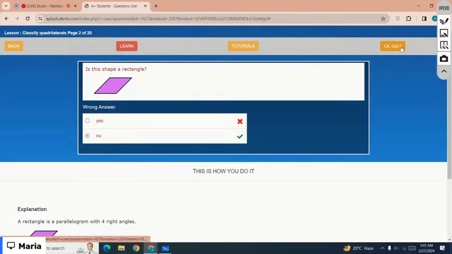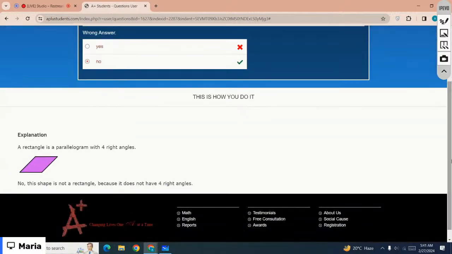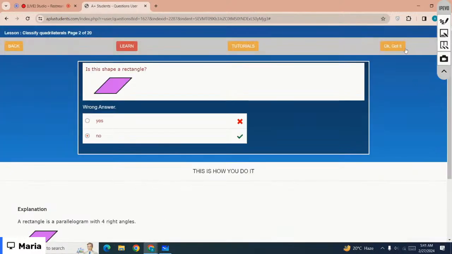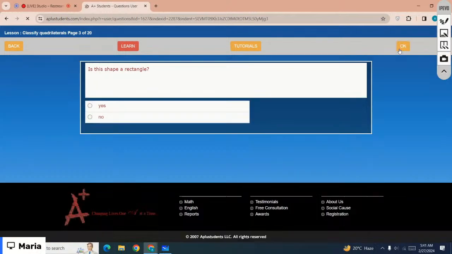So yes, that is a rectangle. No. Okay, a rectangle is a parallelogram with four right angles. So this one doesn't have right angles, so this is not a rectangle. Okay, got it.